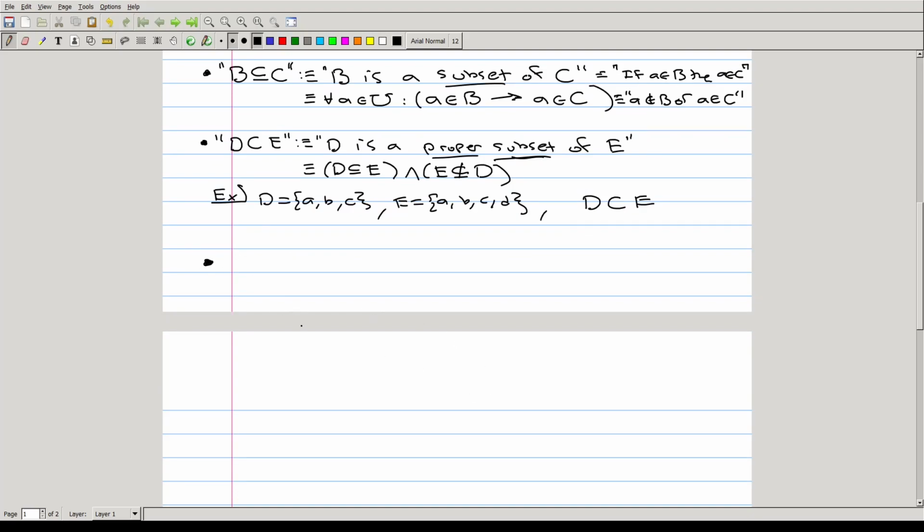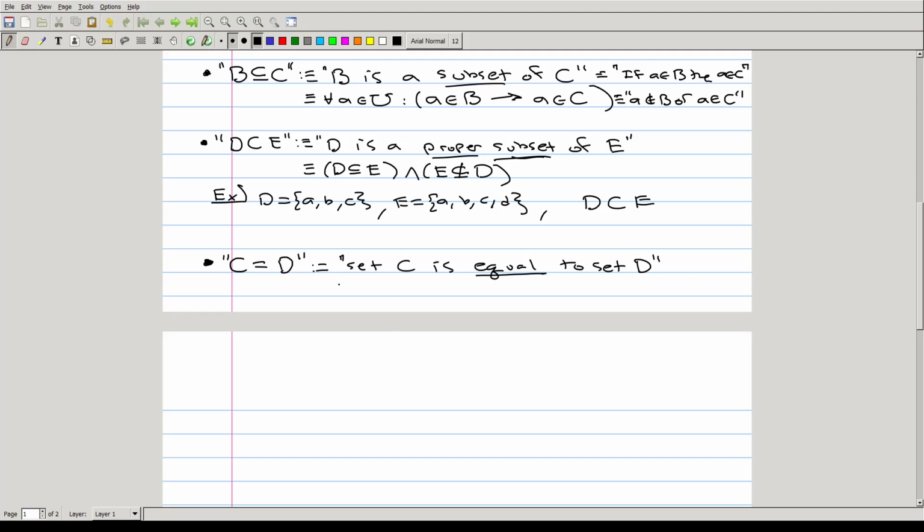Two sets are equal to one another, or we say that set C is equal to set D in set theory, if they contain all the same elements. That's the most logical way of defining equality.